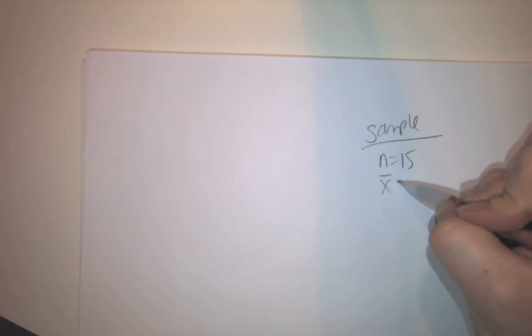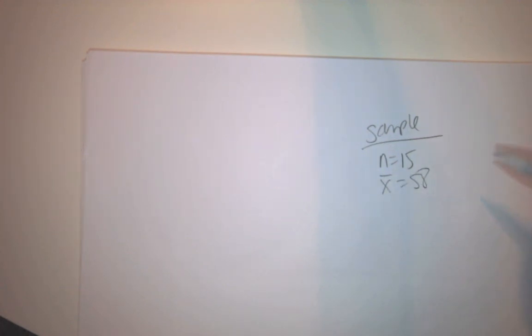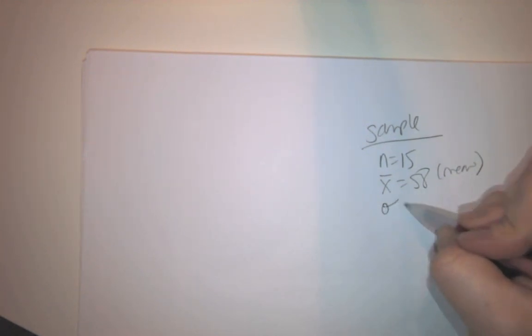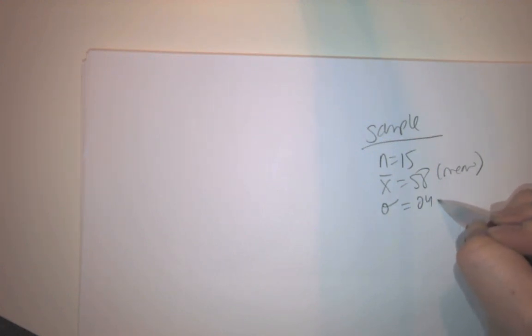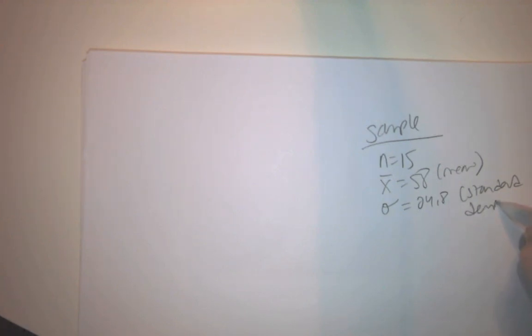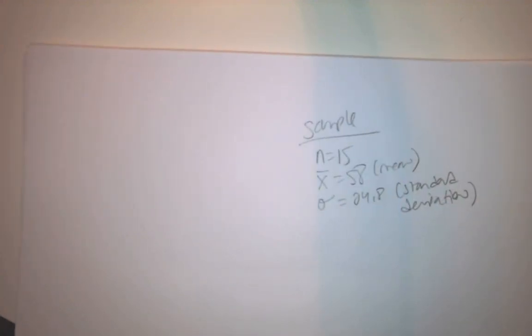Our mean equals 58. This is the notation for mean. Our mean equals 58, and our standard deviation equals 24.8. So that's our information that we're being given about this particular population.